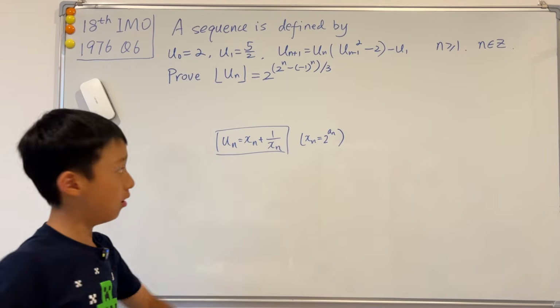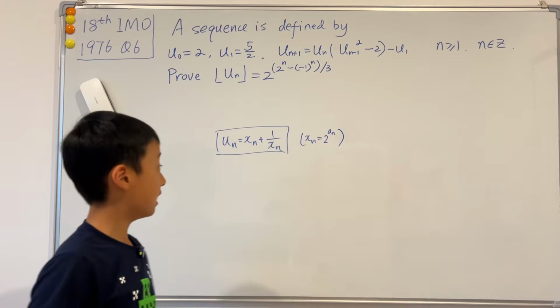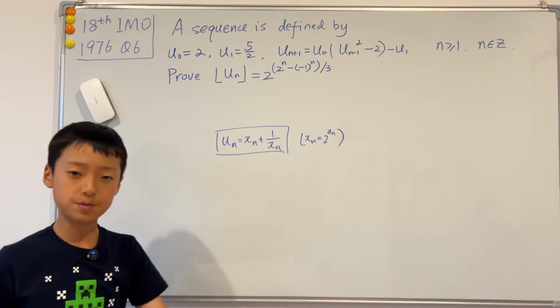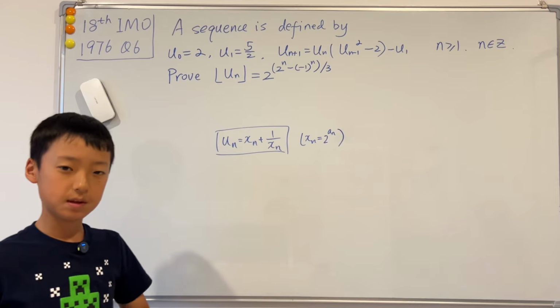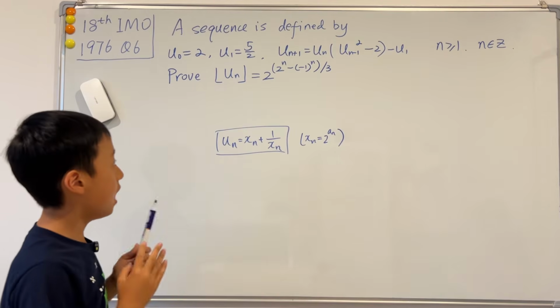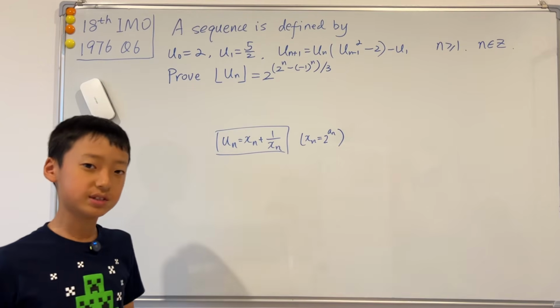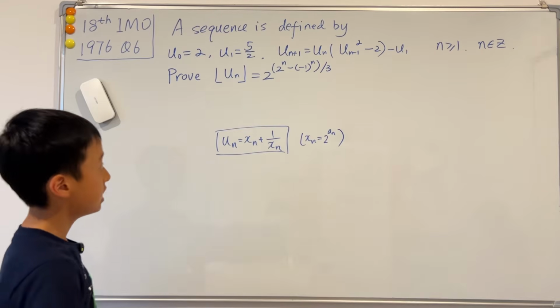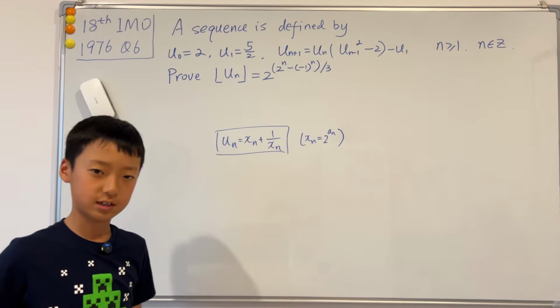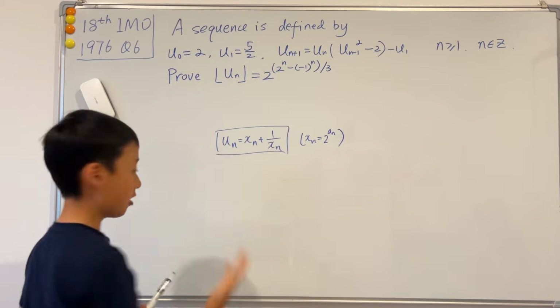But before we do any of this plugging in, for these further steps, we usually need some initial values. So what I mean by that is, for example, x0 and x1. So how do we get x0 and x1? Well, from our guess.